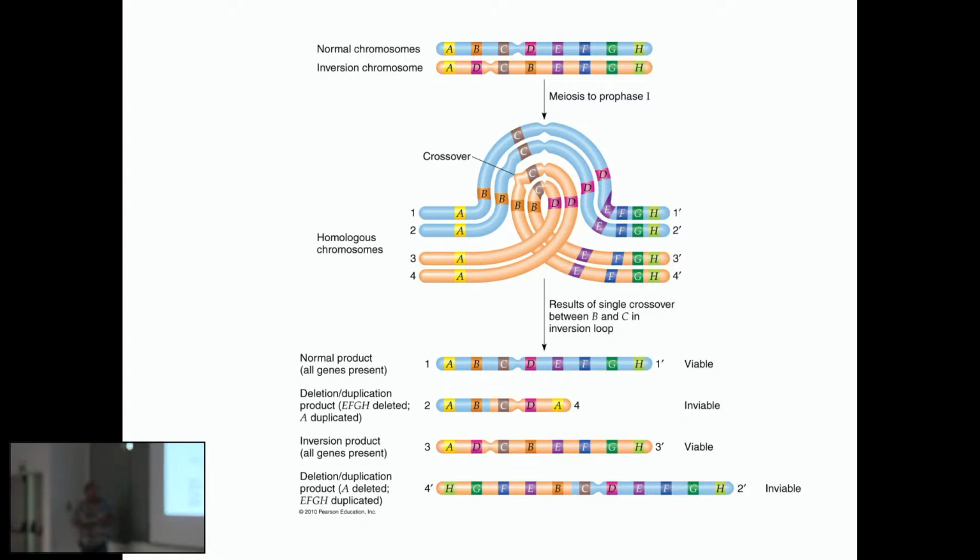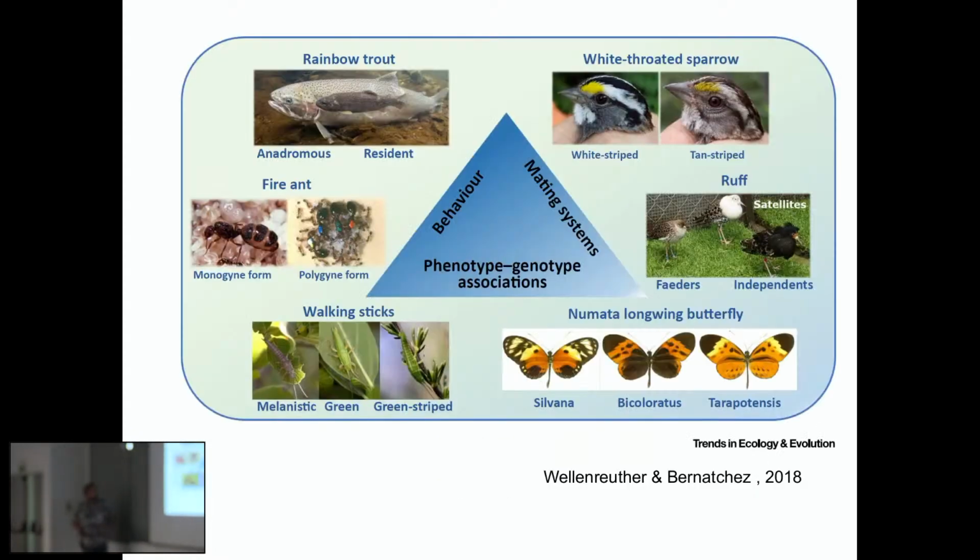How could we test if this was the case? We know that chromosomal inversions are very important in evolution. Now that we're starting to have extensive genome data, we start to find more and more studies that show differences like this. We can see that in some species, we can see differences in behavior associated with inversions, like trouts that would be anadromous or resident, living together, but basically not mixing.